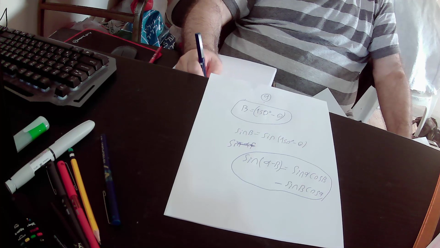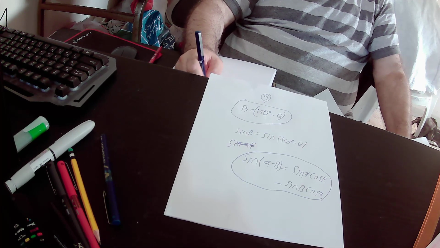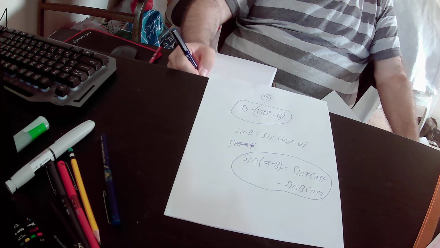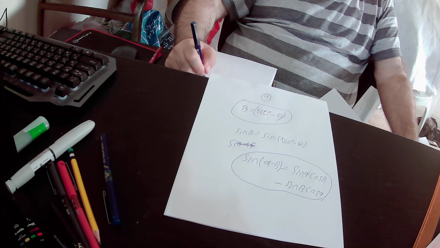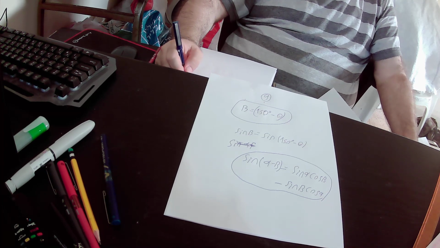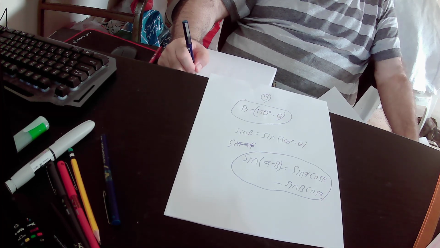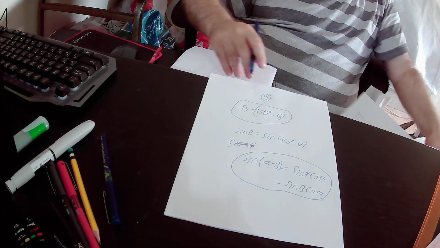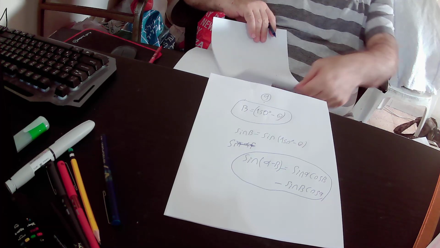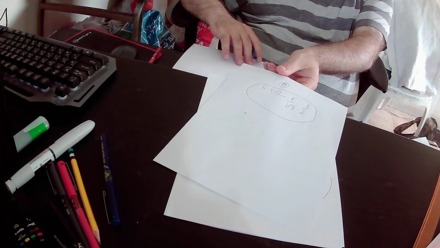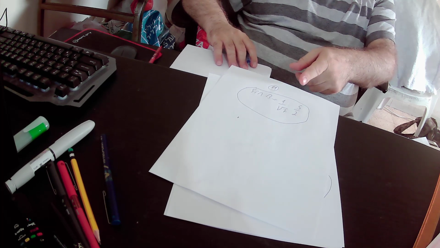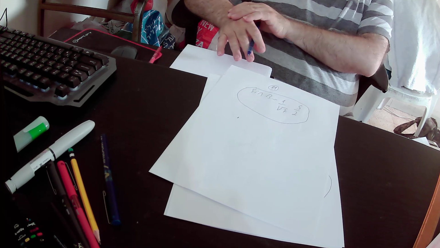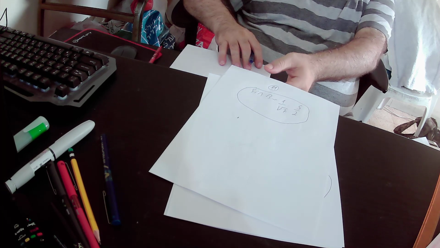Actually we got that sin beta equals 1/root of 7 times 5/2. Okay, so the value of sin beta is 5 over root of 7 times 2. Okay?